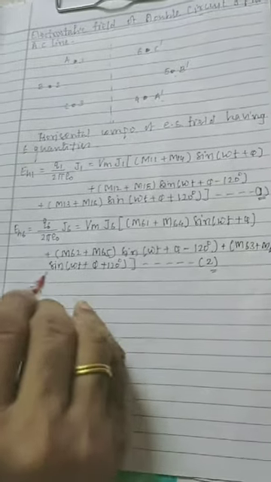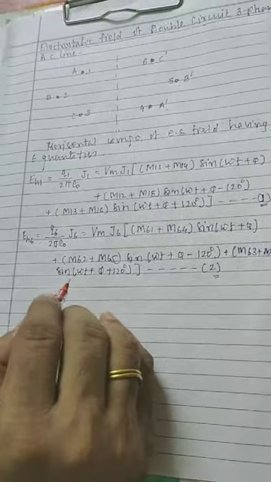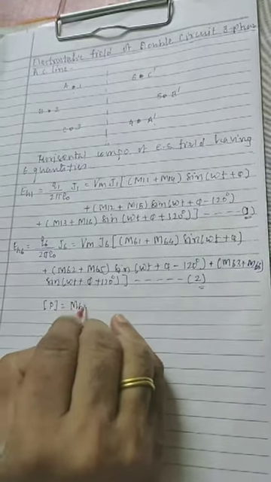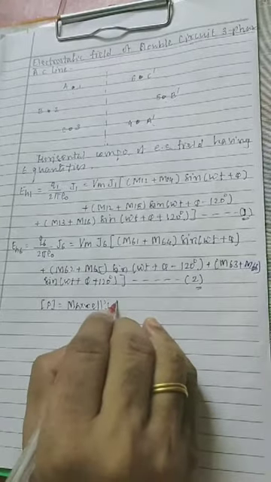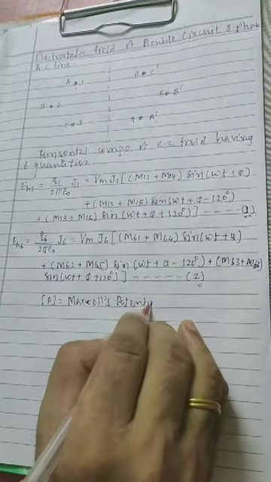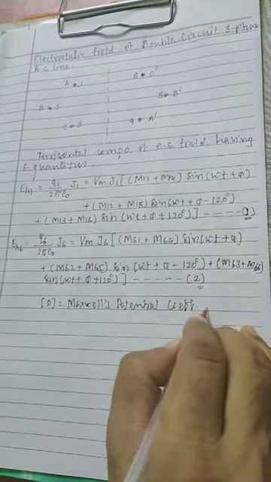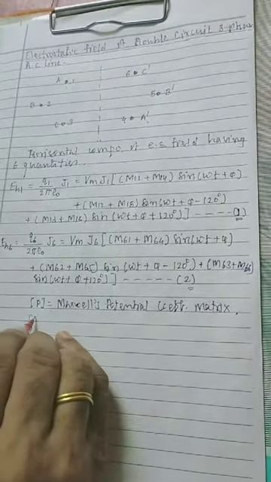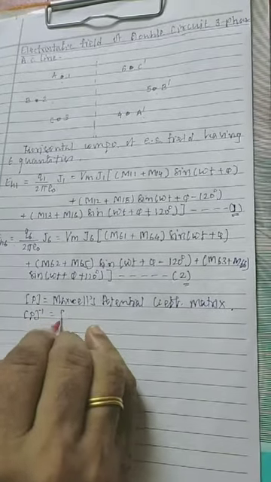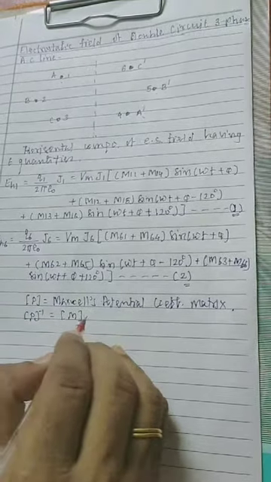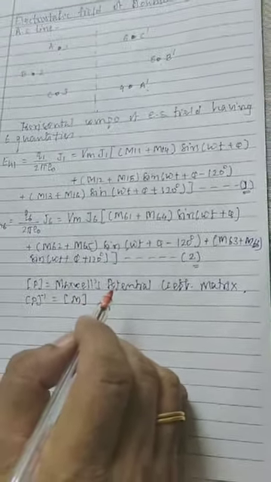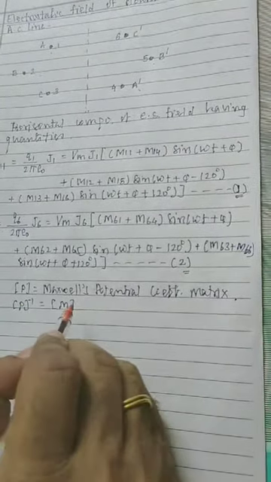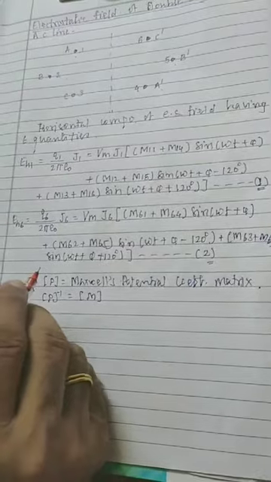Now, Maxwell's potential coefficient matrix is P, and the inverse of P is nothing but matrix M. As the double circuit system has 6 conductors, matrix P and matrix M will be of order 6 by 6.